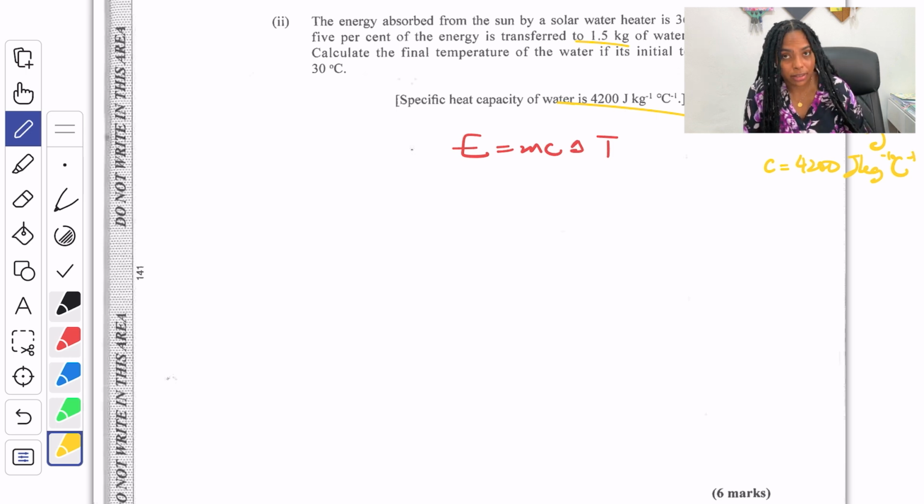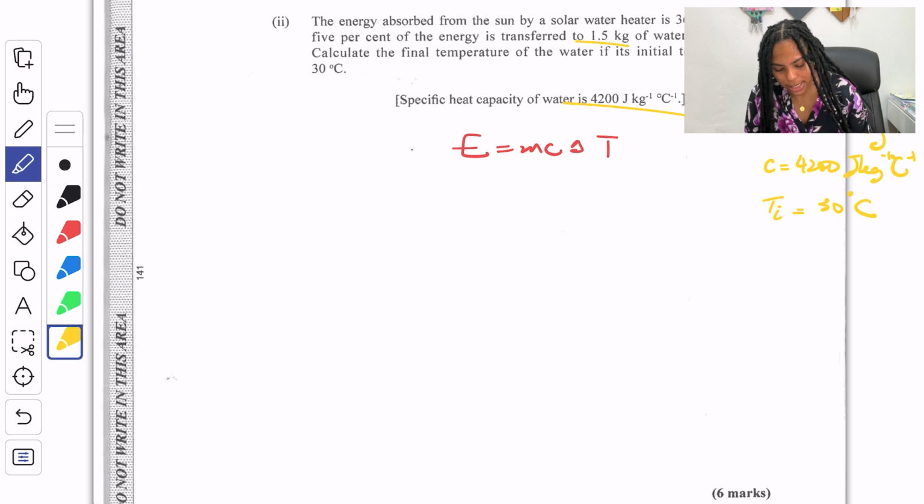We have to find delta T, or really we're trying to find one of the temperatures there. So my initial temperature is 30 degrees Celsius. But I need to find E first to be able to use this. But they said in the question that this is how much is absorbed, but only 35% is transferred to the water.